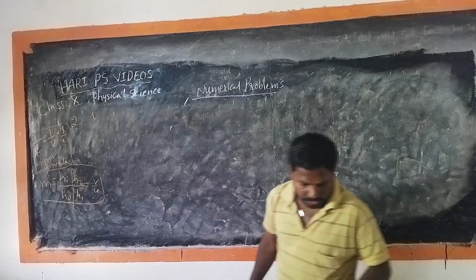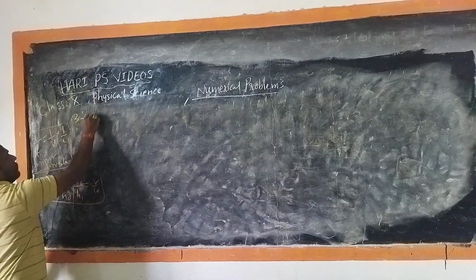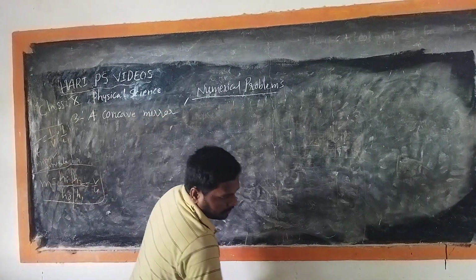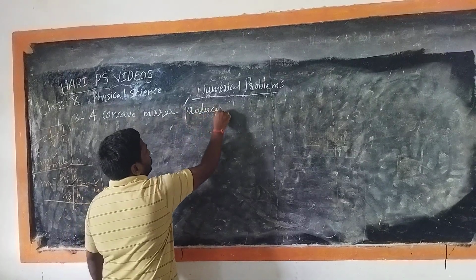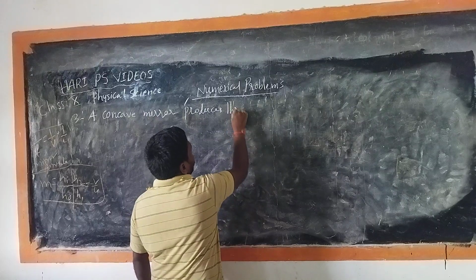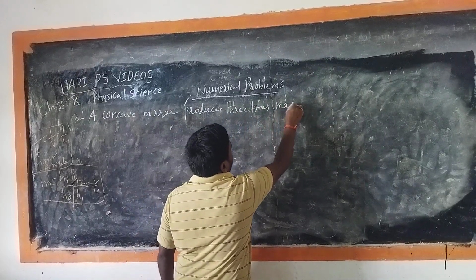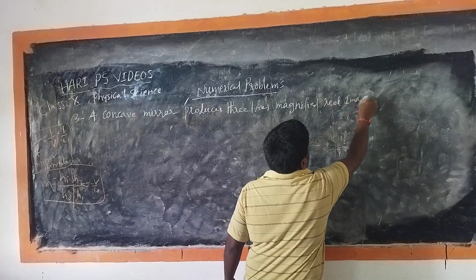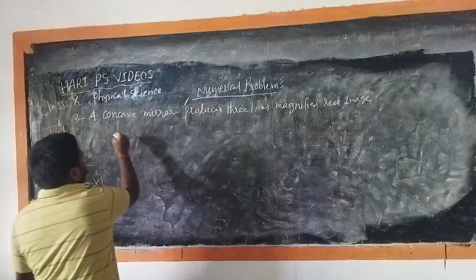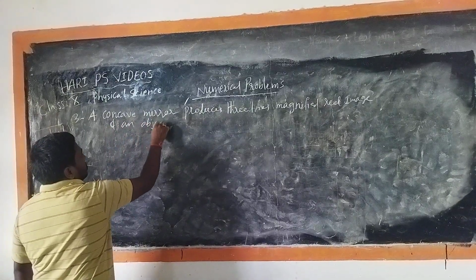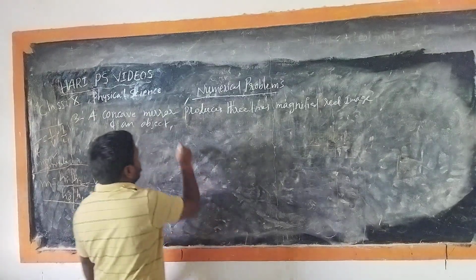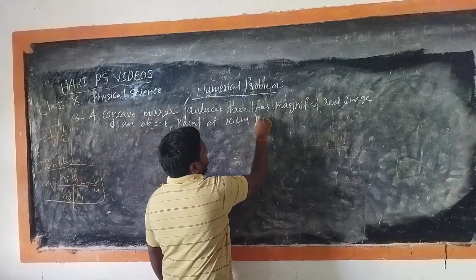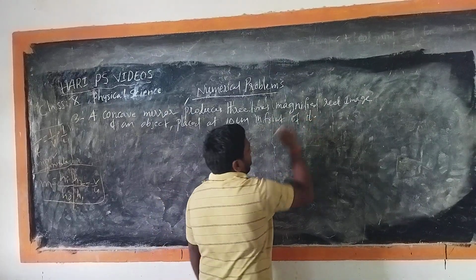Right. A concave mirror, the third problem. A concave mirror produces a 3 times magnified real image of an object placed at 10 centimeters in front of it.